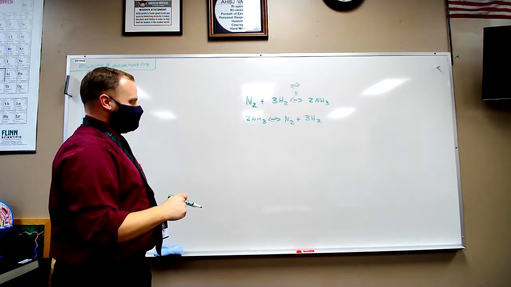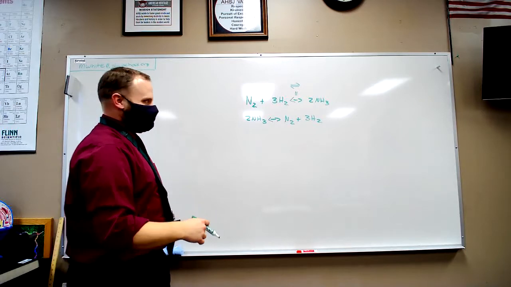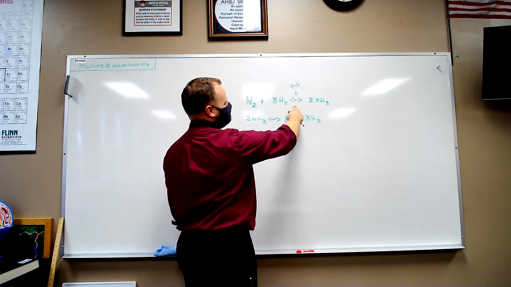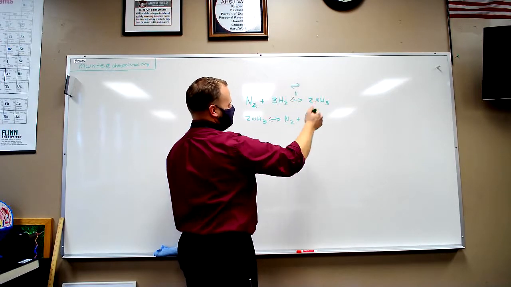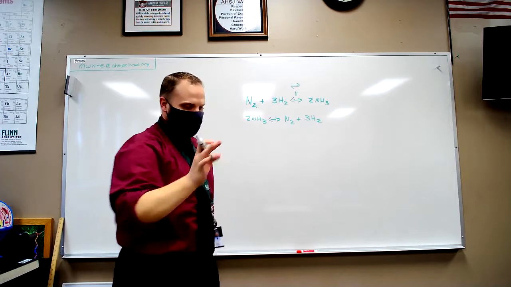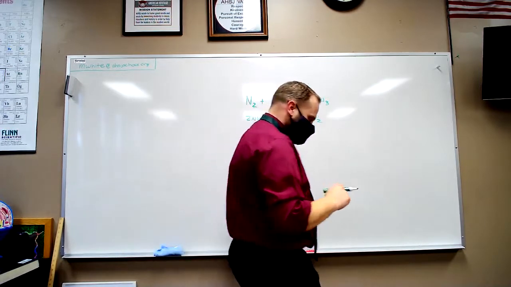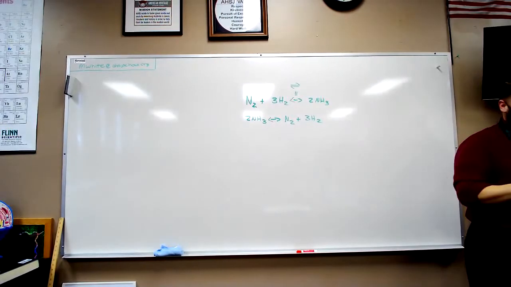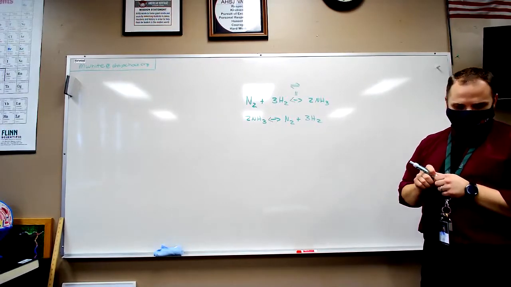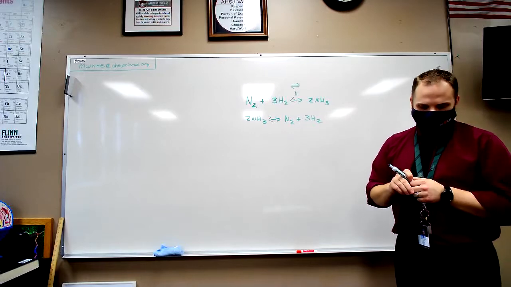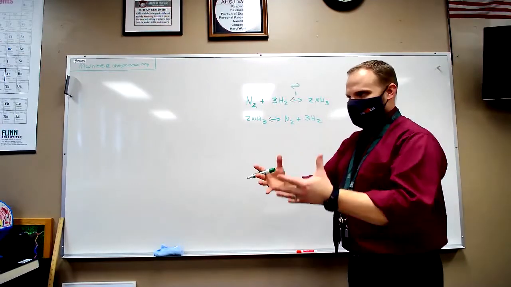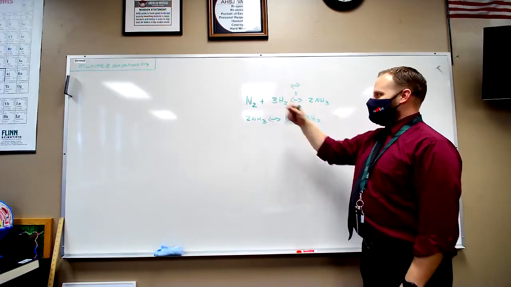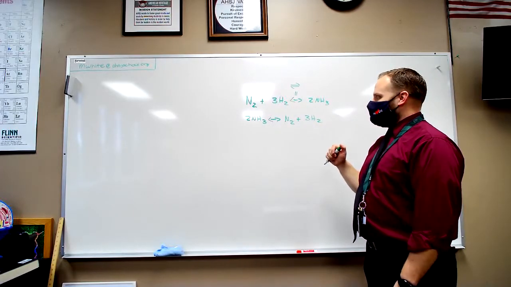It just kind of depends. If I know it's reversible, a lot of times I'll just go straight to this. But sometimes we write it one way and then like, oh yeah, that's reversible, so we throw that extra arrow on. Anyway, just so you know, those two things mean the same thing. So we have the forward reaction, which would be how we have it written, and then the reverse reaction, which is opposite. Okay.